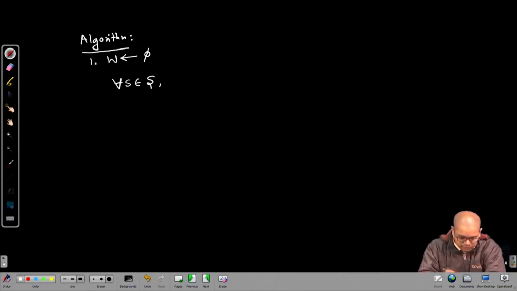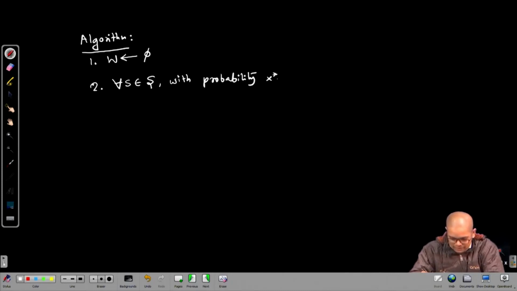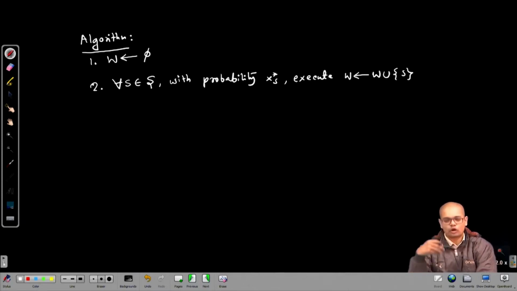Initialize it to the empty set, and for all S, with probability x star S execute W is W union S. Means for all S, put S in the set cover that we are constructing with probability x star S. And we will see that just running this step once, all elements are covered with constant probability.